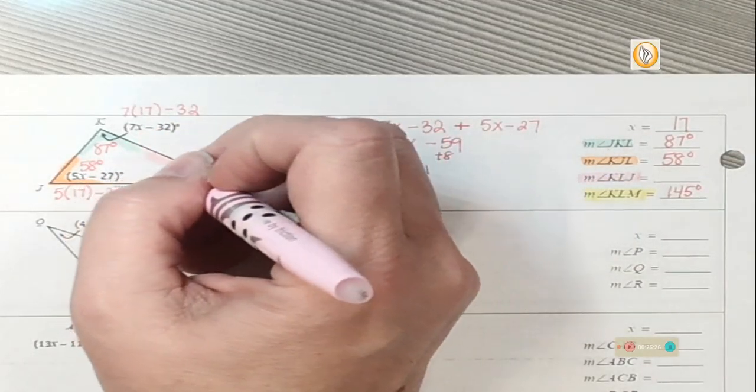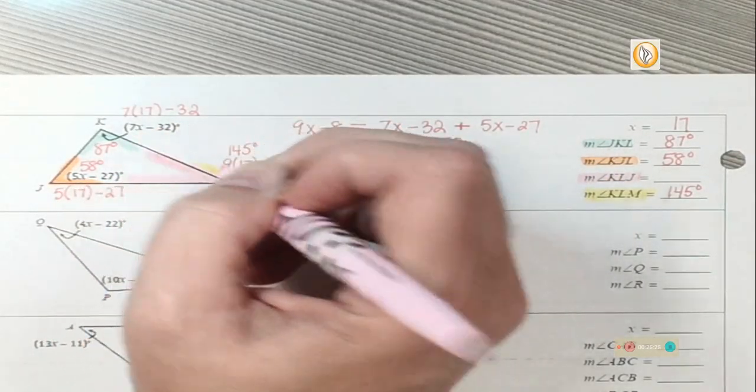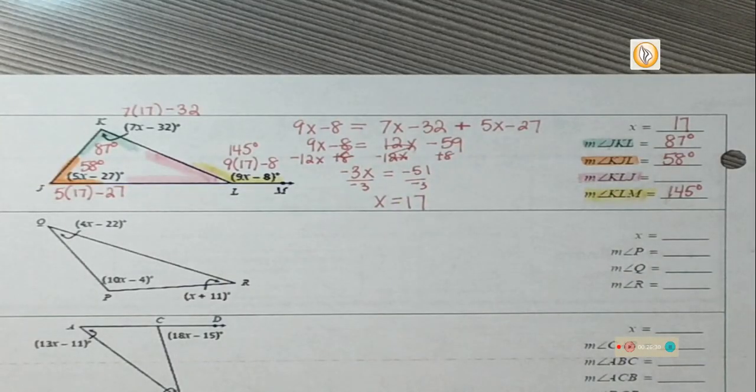K to L to J. There's nothing for you to plug into. What do you know about that pink angle? So, equals 180 with what? Two things, actually.